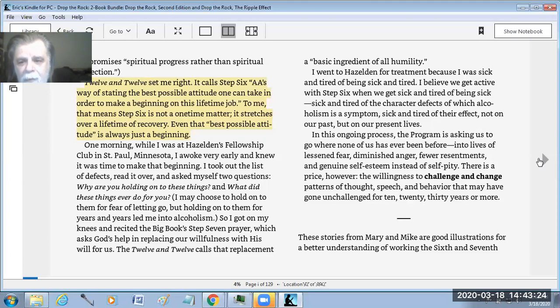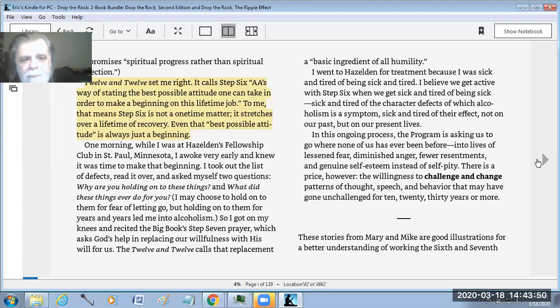And here we're going to talk about the challenges to these patterns of thought, speech, behavior, and such that go unchallenged for a long time in our lives. Certainly they did in mine. The best possible attitude is always just in the beginning to wake up to that gently. And so step 6, as written here, is an ongoing process.